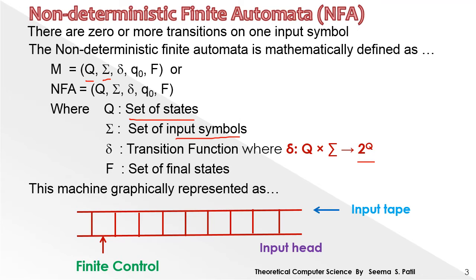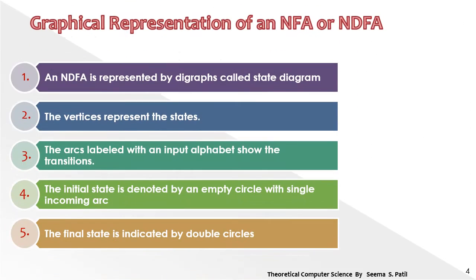This machine is graphically represented as shown in DFA. Here one input tape is shown which is of infinite length, and one finite control is shown, that is the input head. It moves from left to right. The graphical representation of an NFA or NDFA is similar to the DFA.